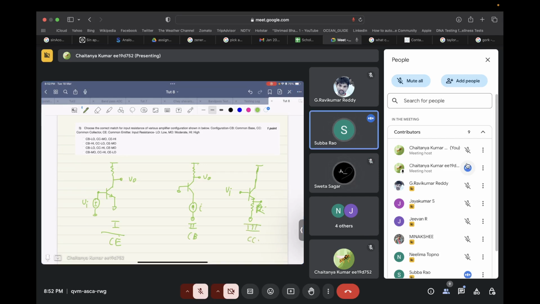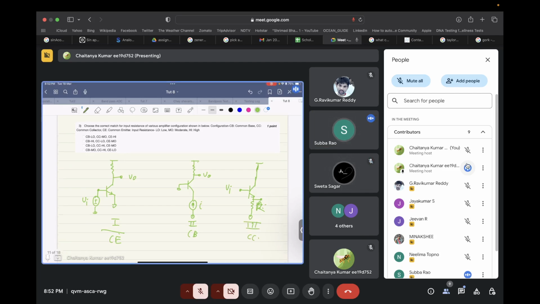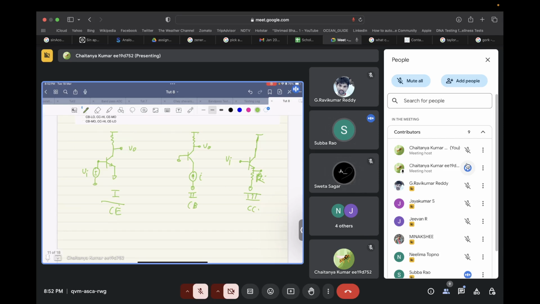Okay. So you guys know the small signal model of the transistor, right? How does the small signal model of BJT look? If this side is base, we have RB over here.